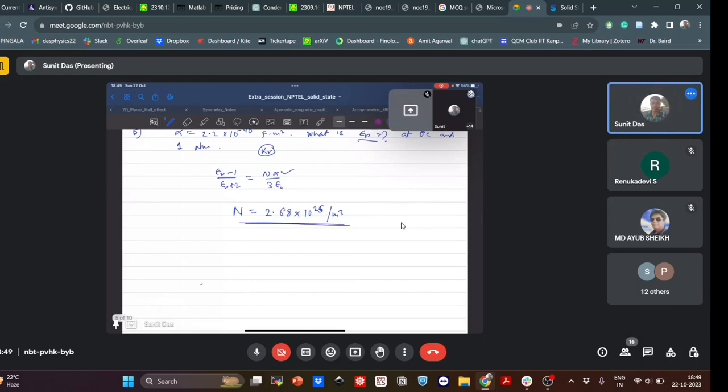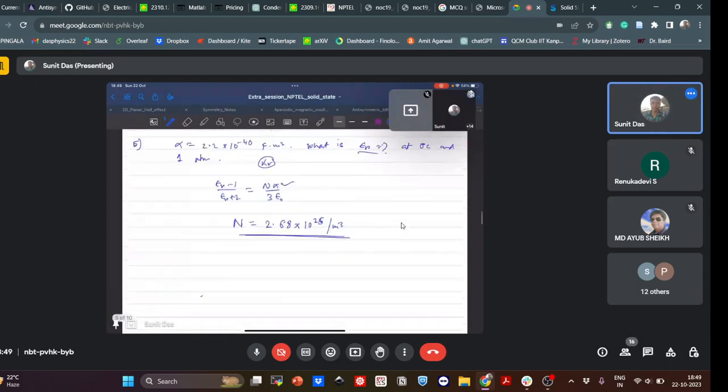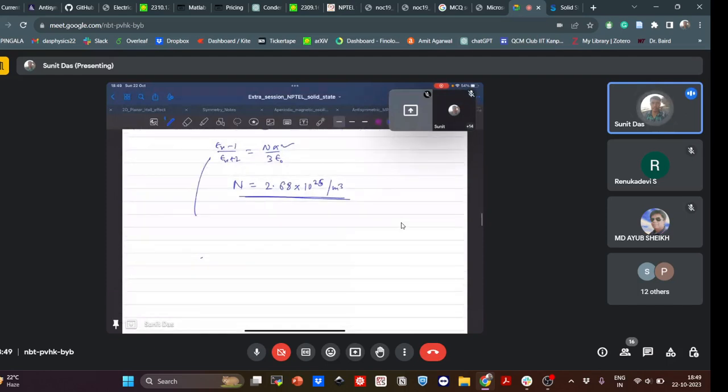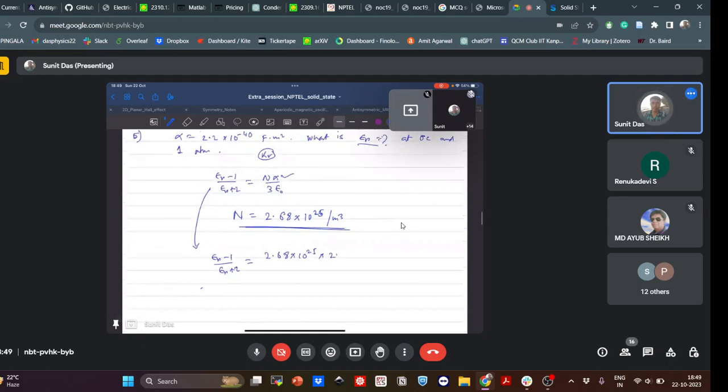If I have that, then using this formula, epsilon r minus 1 by epsilon r plus 2 equal to alpha, which is 2.2 into 10 to the minus 40, by 3 times 8.85 into 10 to the power minus 12. Let me find.